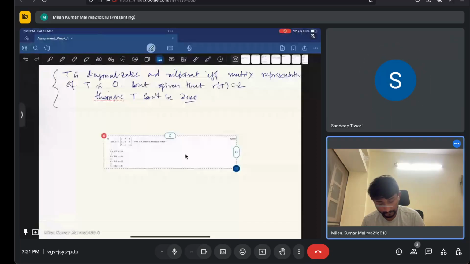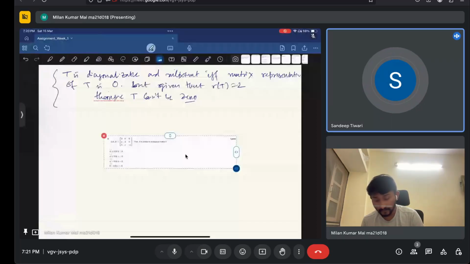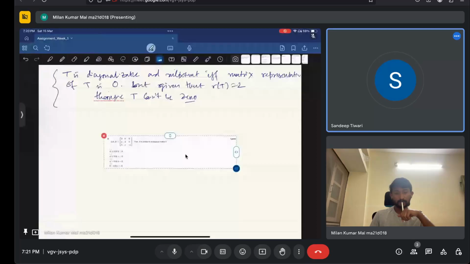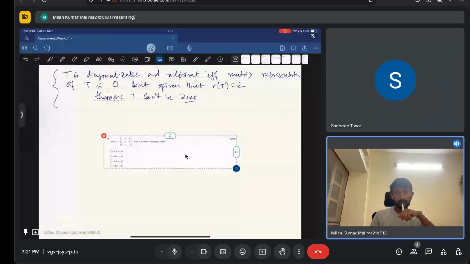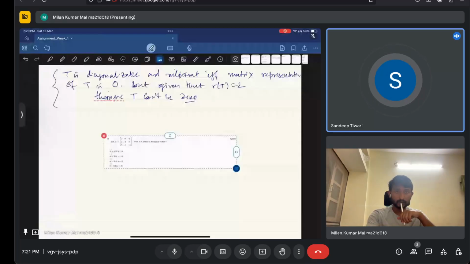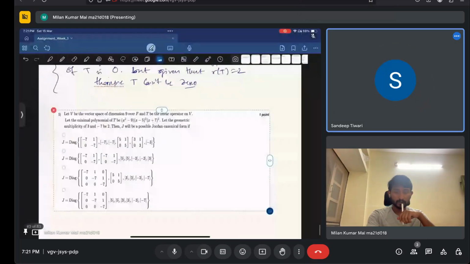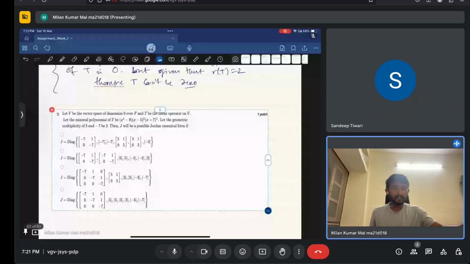Sir, what is your area of research, sir? My area of research is operator theory. This is linear algebra, sir. Operator means this operator, but obviously that is a little advanced.